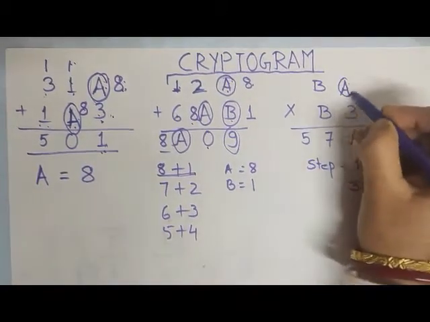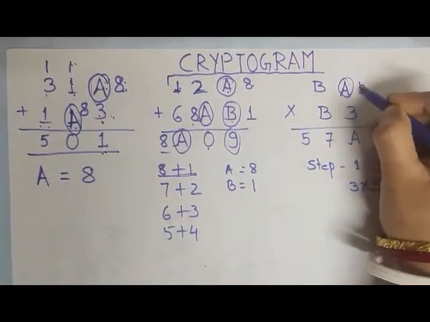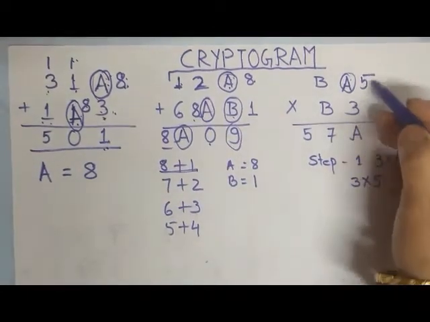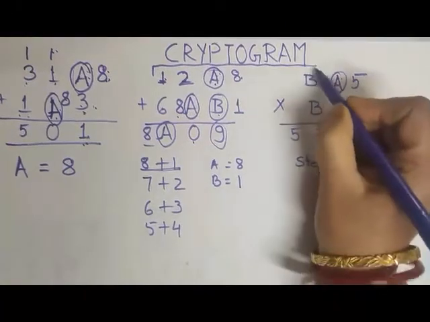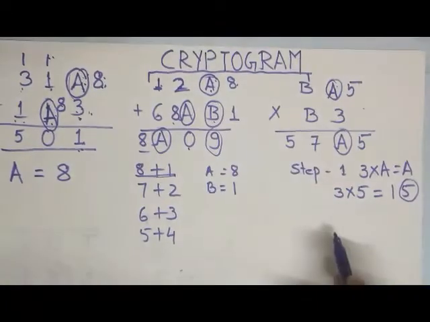So we will replace A by 5. 3 fives are 15. This one also will be 5. Now we will have a carry 1 there.